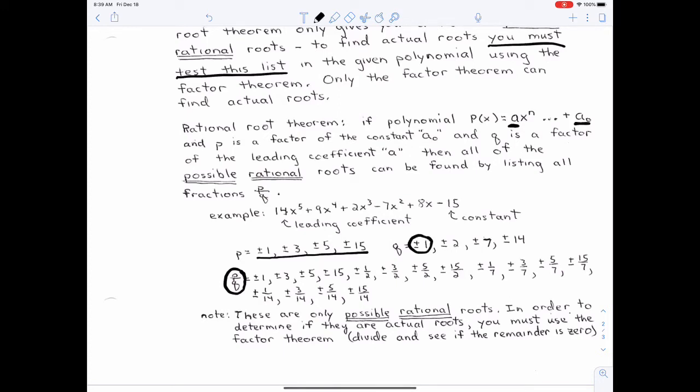What does that give us? Plus and minus 1, plus and minus 3, plus and minus 5, plus and minus 15. Okay? Now you take every one of these values again, and you put it over 2. So what do you get? 1 over 2, 3 over 2, 5 over 2, and 15 over 2, all plus and minus.